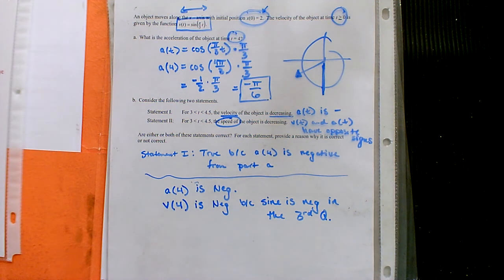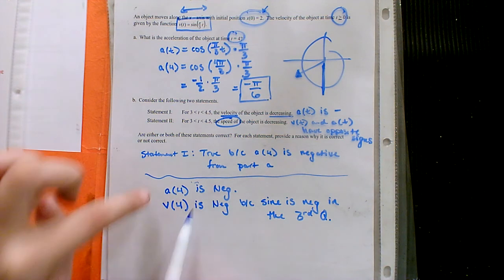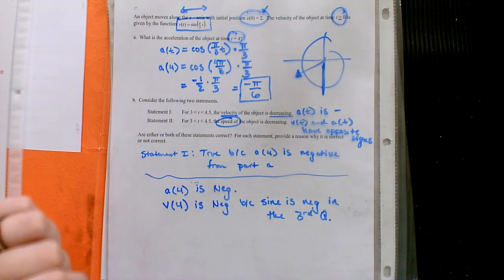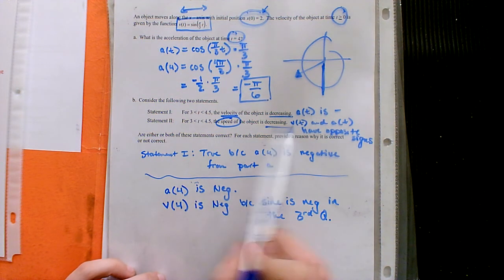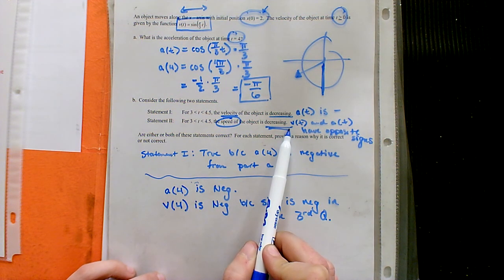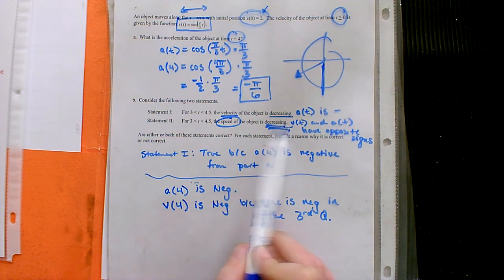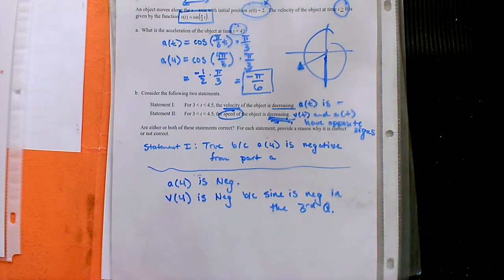I mean, you could actually calculate it out. You can get the decimal value, but either way, it should still work out. So if we are accelerating to the left, but also moving to the left, is the speed decreasing? You're moving and accelerating in the same direction, so you would speed up, right?